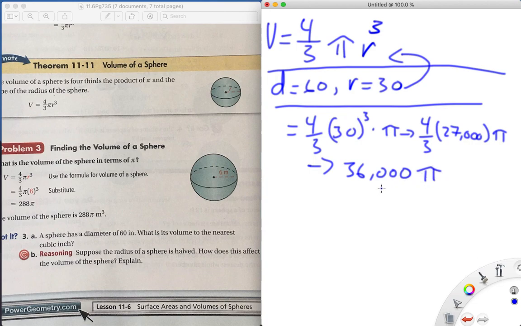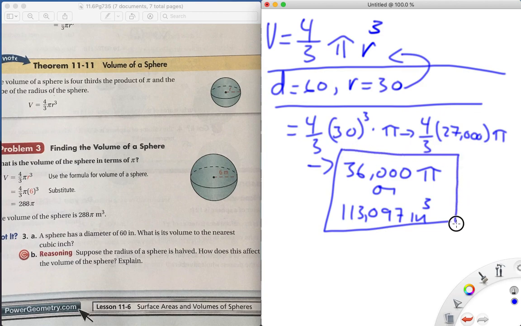If I multiply that by pi, and they want me to round it to the nearest cubic inch, I get this other big number. So I'll get 113,097 cubic inches, or inches cubed.